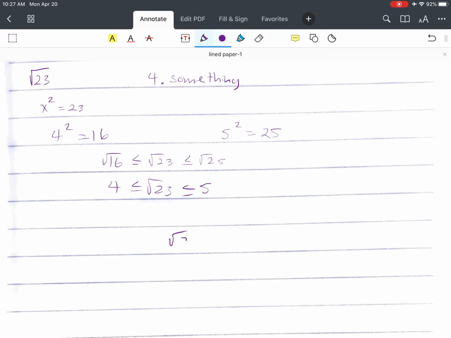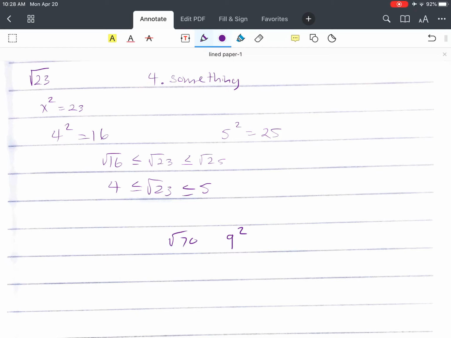So let's think about the square root of 70, okay? What's the biggest perfect square that's right after 70? You're going to have to think of perfect squares. So the perfect squares are 1, 4, 9, 16, 25, 36, 49, 64. That's 8 squared. 9 times 9 is 81, so this is going to be 9 squared.